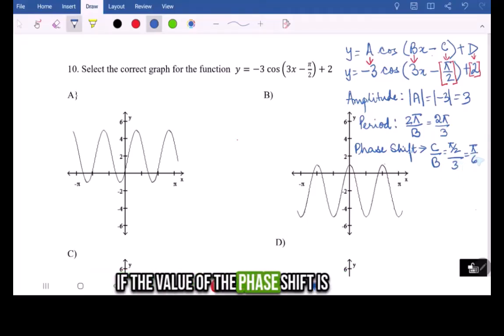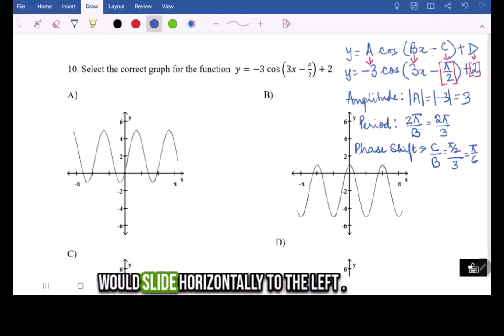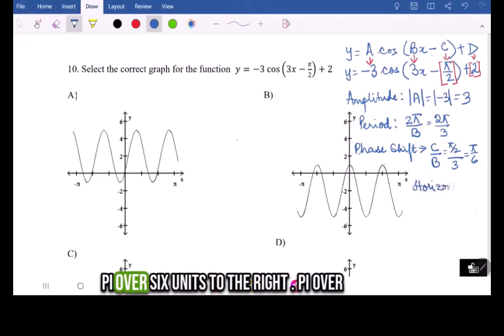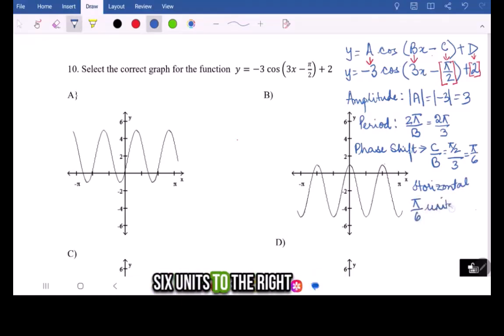If the value of the phase shift is positive, then the graph slides horizontally to the right. If the phase shift is a negative value, it would slide horizontally to the left. In our case, we have a positive value, so the horizontal shift will be pi over 6 units to the right.